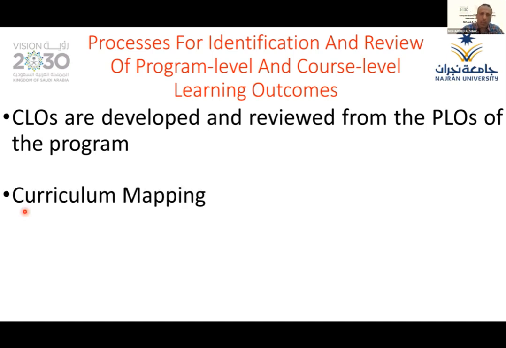Based on the curriculum mapping, this course is mapped with these PLOs and comes to achieve or to contribute to these program learning outcomes. So the CLOs of the course should be designed to contribute to these PLOs. And it was distributed, as we discussed yesterday, to the knowledge groups to design it.